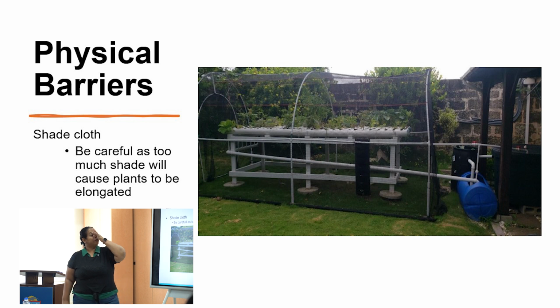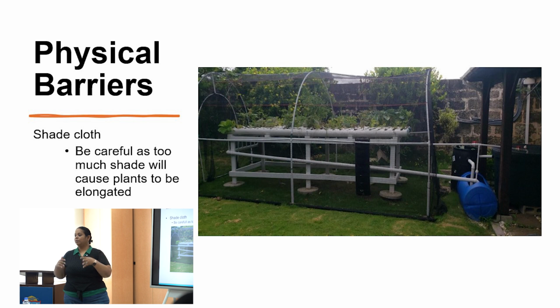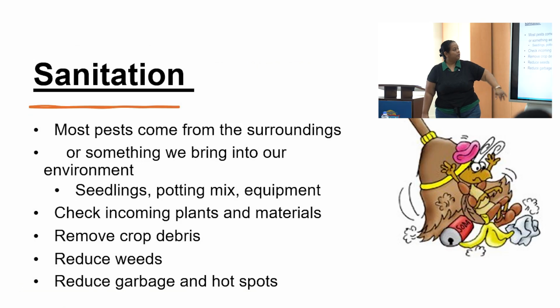Shade cloth is a very easy thing to use, but be careful of the concentration: 30%, 60%, 70%. How much light are you blocking out? Because if you block out too much light, there will not be enough light for the plant to grow. So we're not looking at 100% shade cloth. At that point, you could just as well have put on a roof. It's not going to let enough light in, and you'd have to be looking at grow lights for your system.